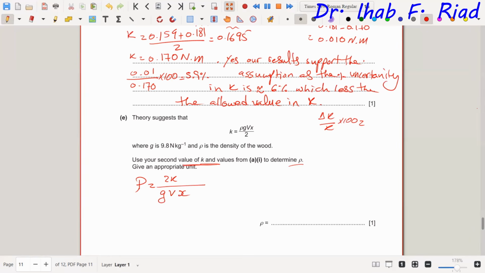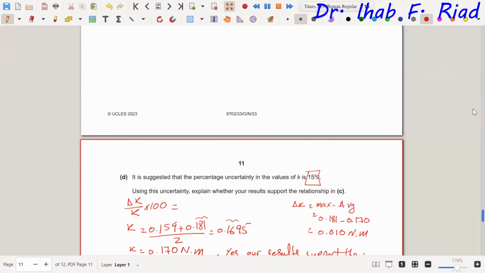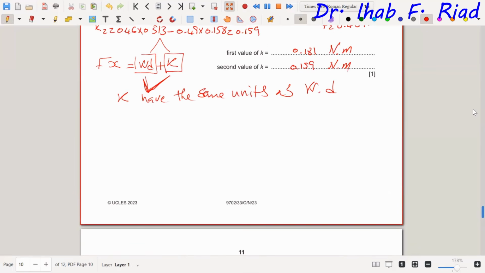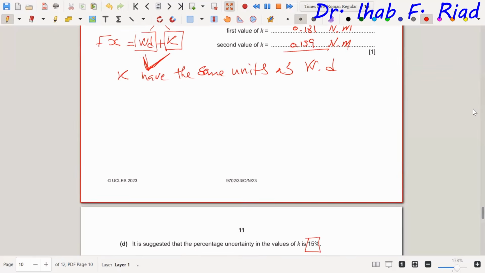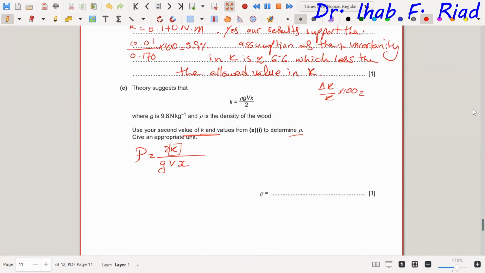Do we know everything? He instructed us to use the second value of k, which is 0.159. So it is 2 times 0.159, divided by 9.8 times v, which is 12.9 times 10 to the power minus 5. We got this value from before.